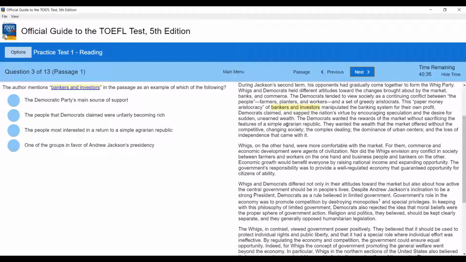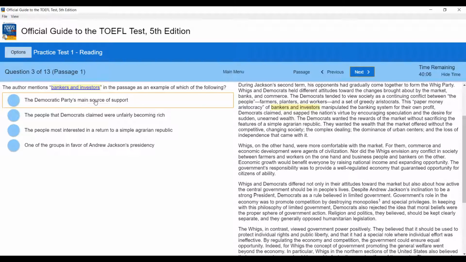Here they have the phrase simple agrarian republic. And the Democrats wanted the rewards of the market without sacrificing the features of a simple agrarian republic. So these are the Democrats who are interested in this, not the bankers and the investors. So this is referring to the Democrats, not the bankers.